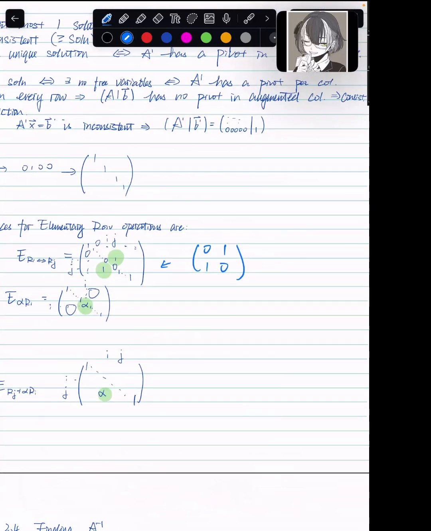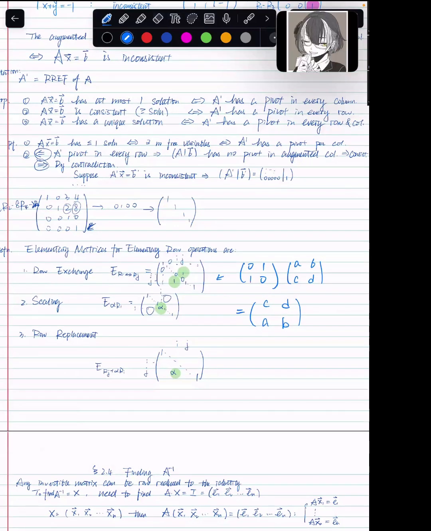So if we have this one and we multiply by a matrix, say A, B, C, D, that would give us C, D, A, B. So basically we swapped two rows.